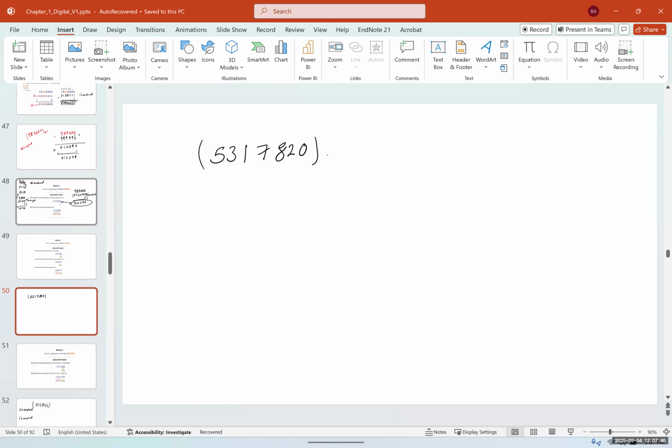So we want to find the tens complement for this. I'll give you a few minutes to think on it and I'll solve it.